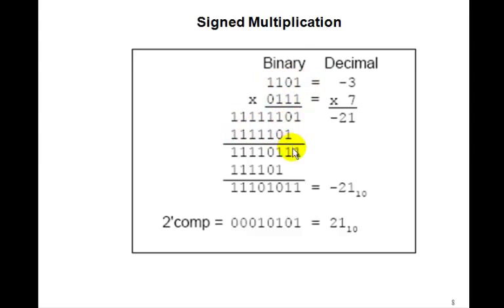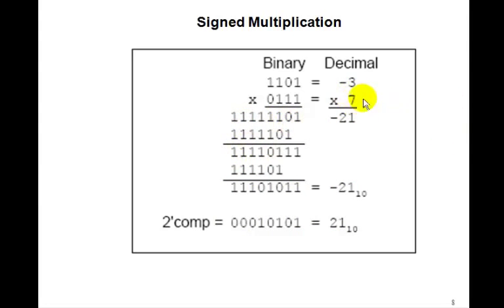We add these, sign extend, you have a 1 here, sign extend, and then you add it. This is going to be 0, so we don't have to do any more. And when you get done, this will be negative 21. You can see if you take the 2's complement of this, you get 21. So this is negative 21. So you get the correct answer if you just sign extend all the partial products.